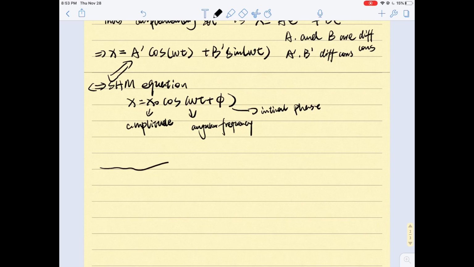So the graph is going to be a cosine graph like this.